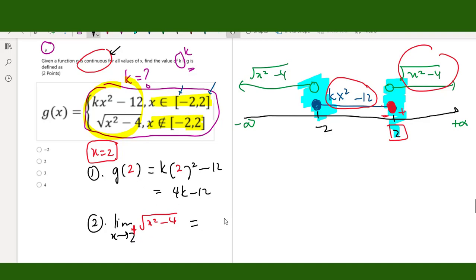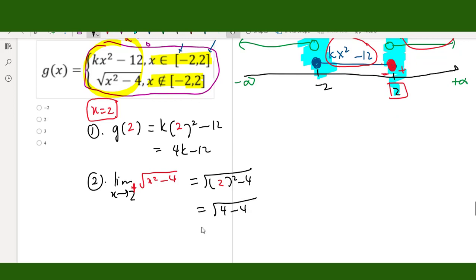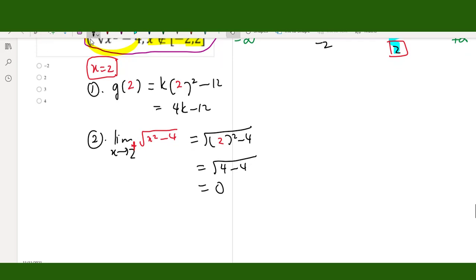Then substitute 2 and simplify: 4 minus 4 is equal to 0. Then the third step is step 2 equals step 1.